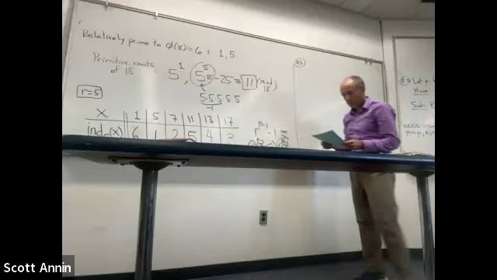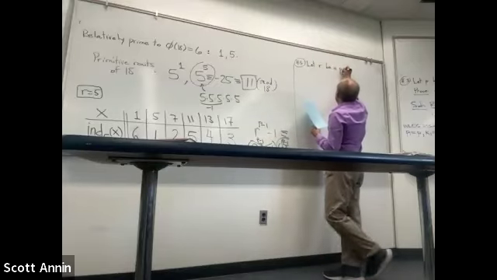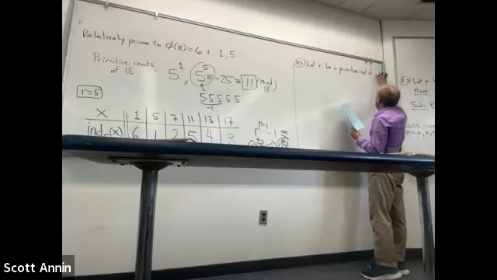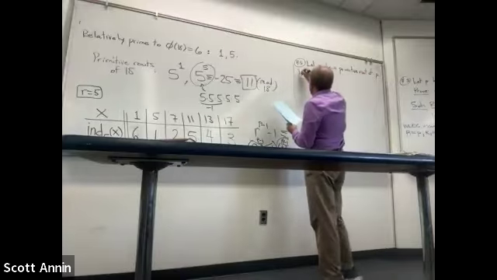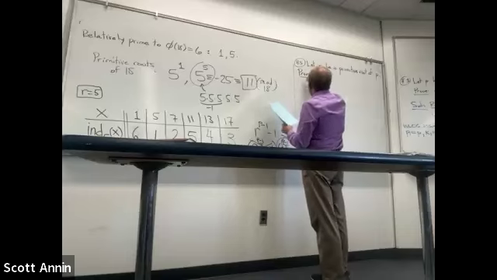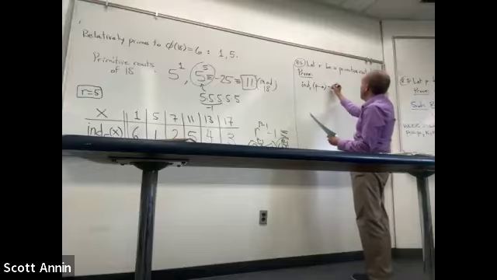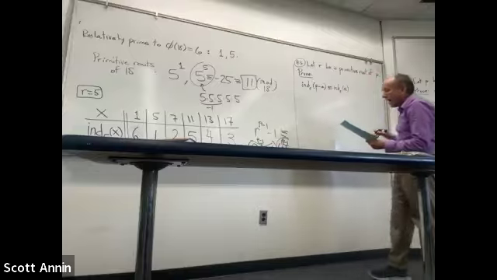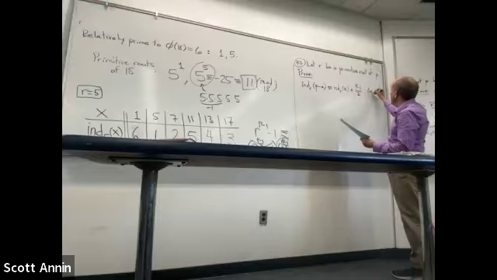But let's just try number 5 here. So let R be a primitive root of P. Let's try to prove that the index relative to R of P minus A is congruent to the index relative to R of A plus half of P minus 1.